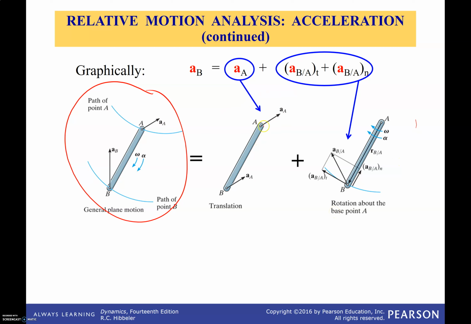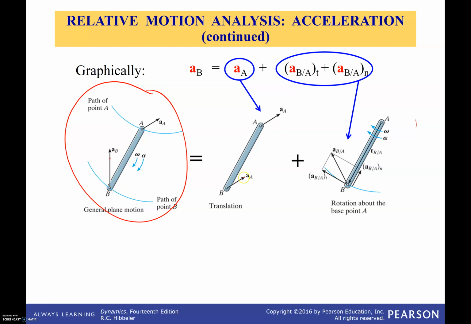Now the translation, this point here is going to have the same acceleration, and this is key. And this point here also, because it's a translation, has the same acceleration as this point. So these two points have the same acceleration, and this thing is moving in a straight line for this portion of the motion. So the real acceleration of B is this one here.